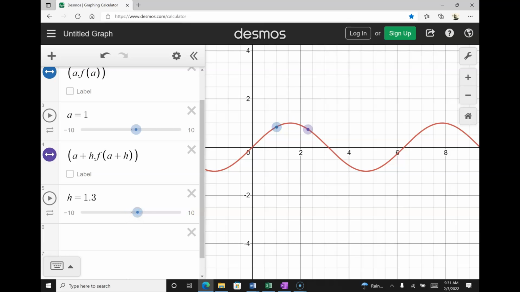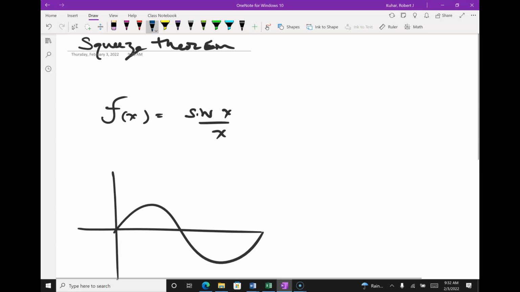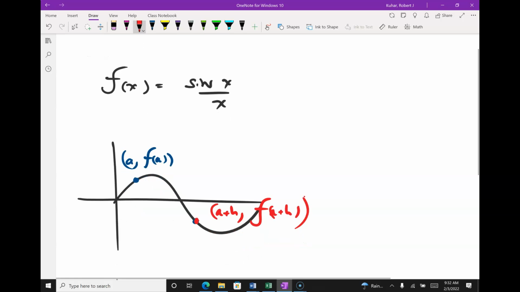But we'd like to create the secant line through that, right? And so what's my slope there? Right, I've got 2 points on here. This is a comma f of a. This is, I should use a different color here, right? A plus h comma f of a plus h. Right? And so this is x1, y1, x2, y2, right?